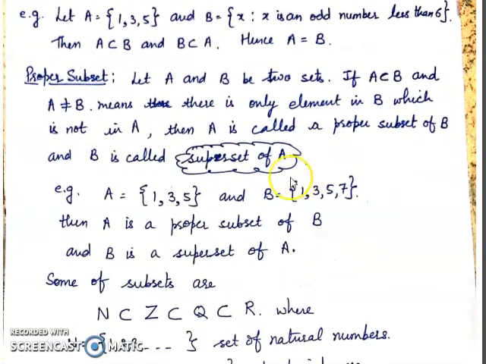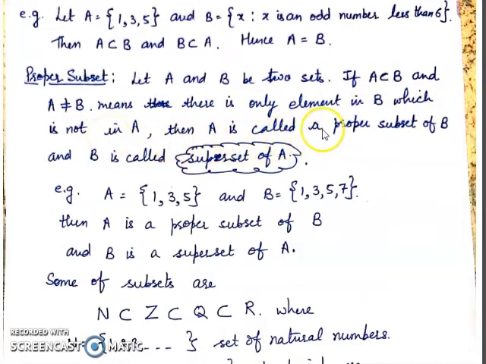Proper subset. Let A and B be two sets, and if A is a subset of B and A is not equal to B, means there is at least one element in B which is not in A. Sorry, I wrote "only" here; you must read it as 1 instead of "only".